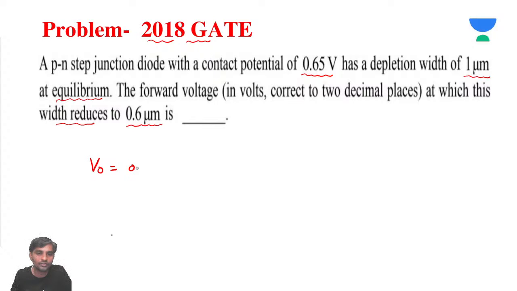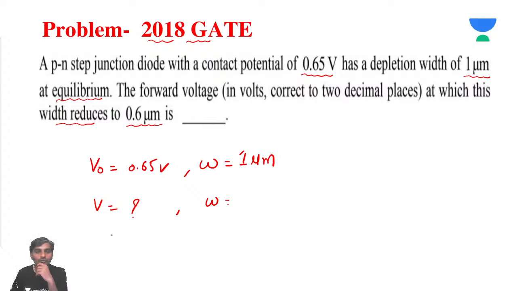V naught is equal to 0.65 volts, and the depletion width W is going to be 1 micrometer. The forward voltage for which the width reduces to 0.6 micrometers.